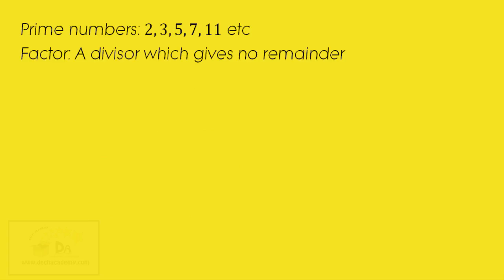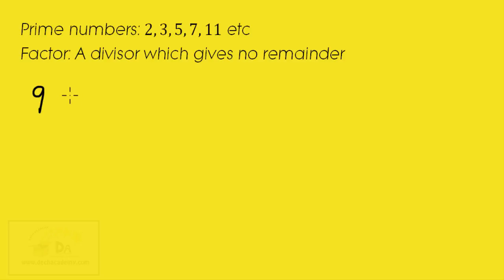In order to determine the HCF of two or more numbers, each of these numbers has to be broken down into a product of their prime factors. So what we're going to do now is just focus on breaking down numbers into products of prime factors. So let's take, for example, the number 9.